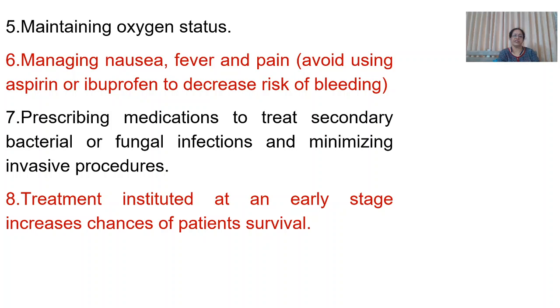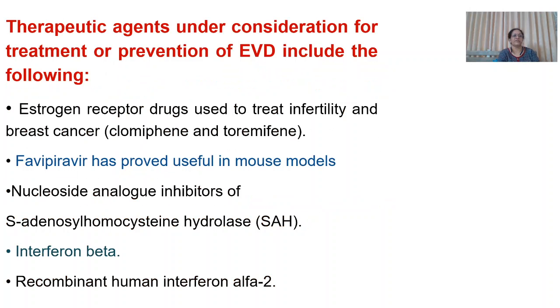If treatment is instituted at an early stage, then there are chances of patient survival. Therapeutic agents under consideration for treatment or prevention of EBD include estrogen receptor drugs. These are normally used to treat infertility and breast cancer, but they are used here also.